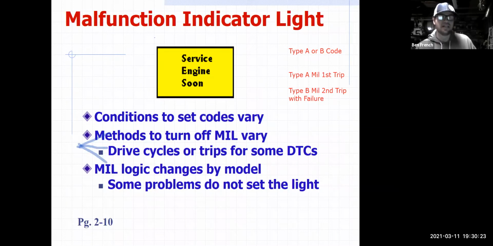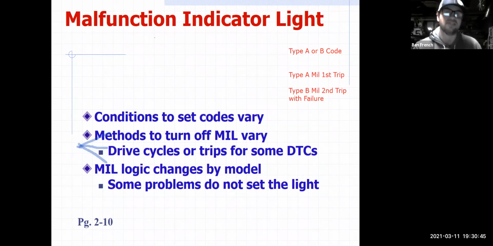What we realized in the early days of OBD2 is that our customers that buy their brand new car get upset real fast when the check engine light's coming on all the time, right? And so pretty soon the manufacturers realized, I really want to keep this light off until I'm 100% sure that there's a problem.